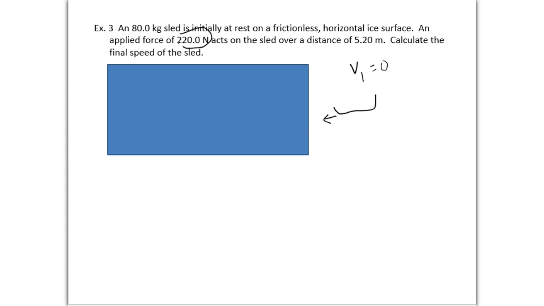So if this is your sled, and your sled's going to move, and you apply your force of 220. Now there isn't any friction, so the only force involved is the applied force, because you were told it's a frictionless surface, so you don't have anything pulling you back, so you don't consider friction. And you're given the distance that the sled moves.